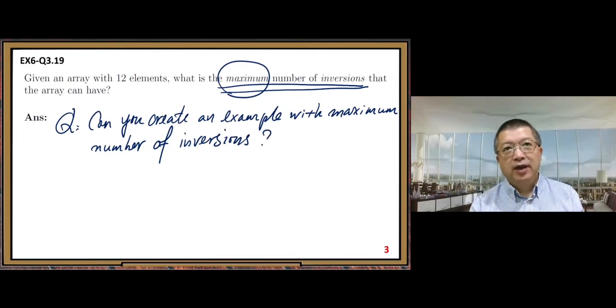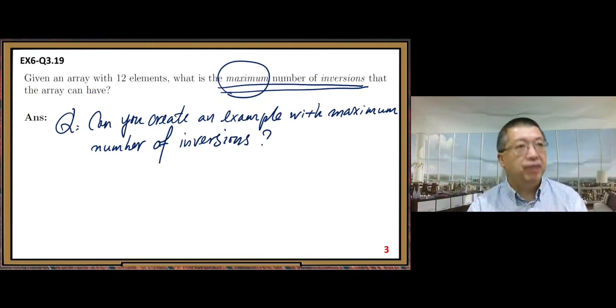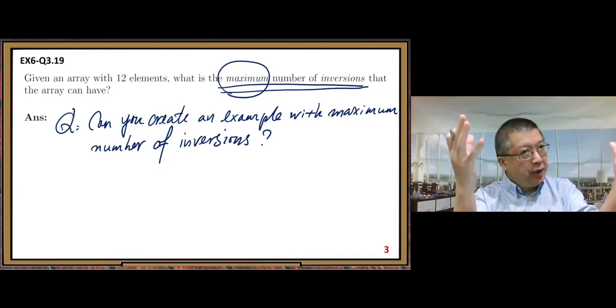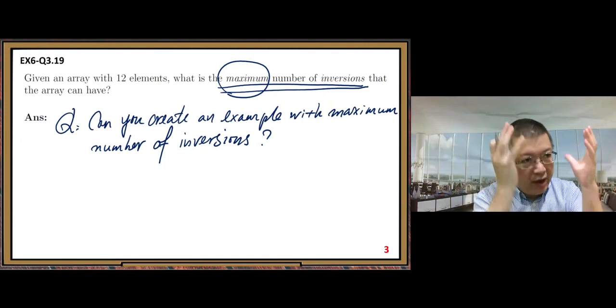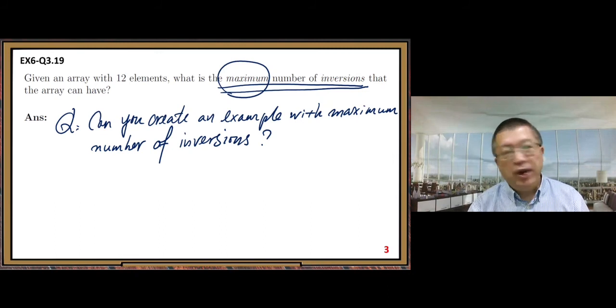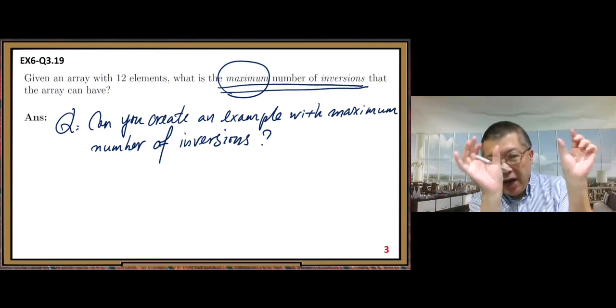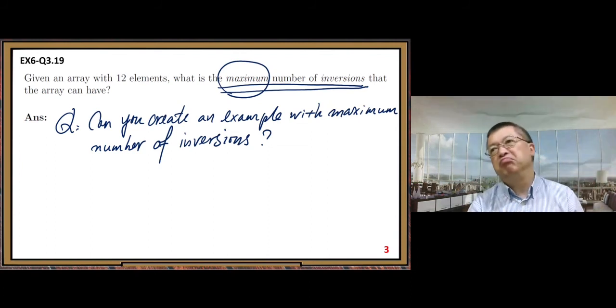All right. So let's look at the situation of the maximum number of inversions. In that situation, any 2 elements in the array would give us an inversion. That's the maximum. Whenever you see 2 elements in the array, you get 1 inversion.